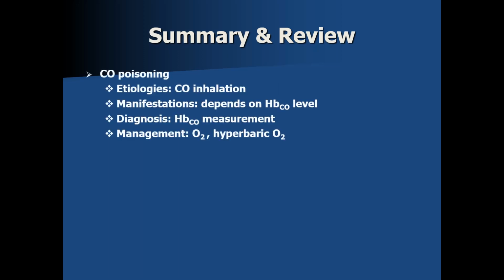We identified carbon monoxide as the most common lethal poison in the United States. The etiology is inhalation of carbon monoxide. The manifestations depend on the HbCO level. The diagnosis is direct measurement of carboxyhemoglobin, and management involves administration of oxygen, and for some patients it will require hyperbaric oxygen.